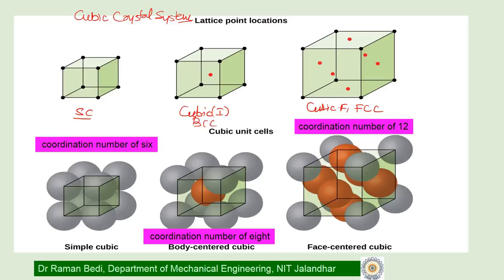And we have seen the detailed description of FCC, how you create it through a stacking sequence of A, B, C. We have also seen what happens in the transformation of iron at around 910 degrees centigrade from BCC to FCC, which we say is an isomorphous transformation.